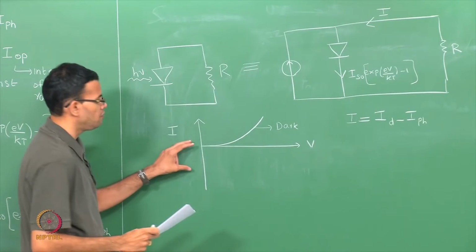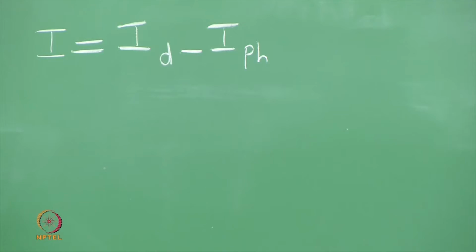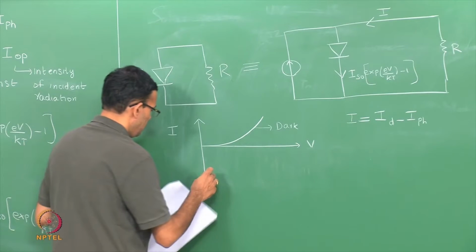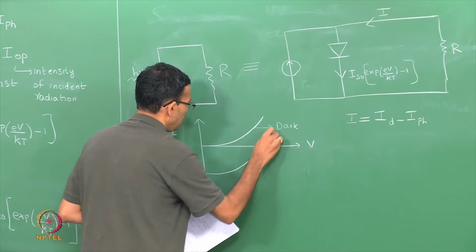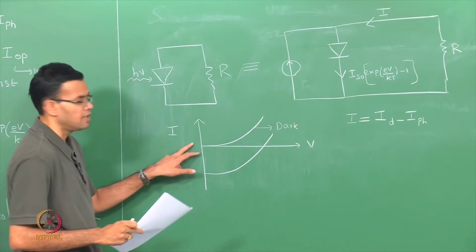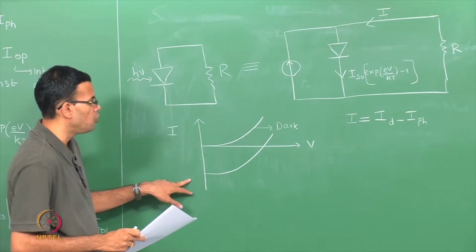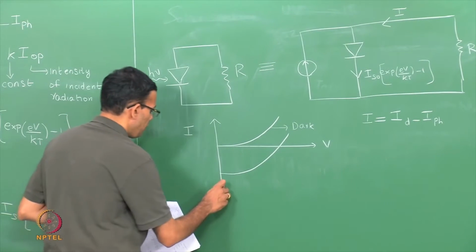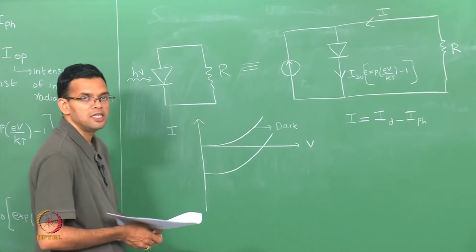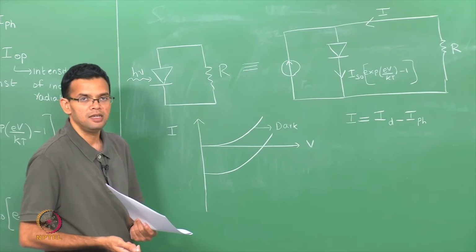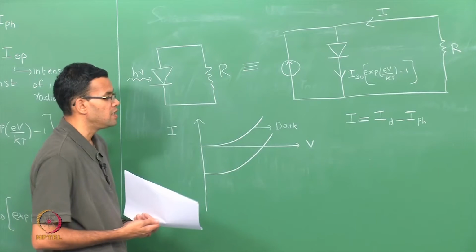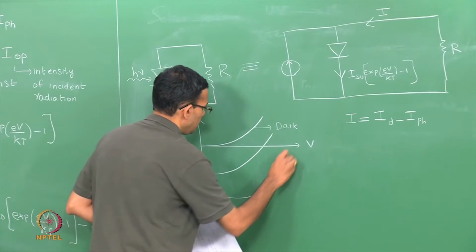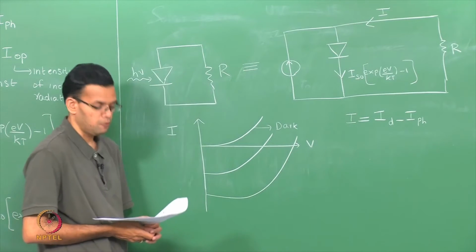So, the effect of this is to shift your IV current below, so that when you have some photo current shining, you no longer start at 0, but you are shifted below because of the minus IPH. If you increase the value of the incident radiation intensity, so that IOP is higher, then IPH will be even higher, and then you are shifting this even further below.